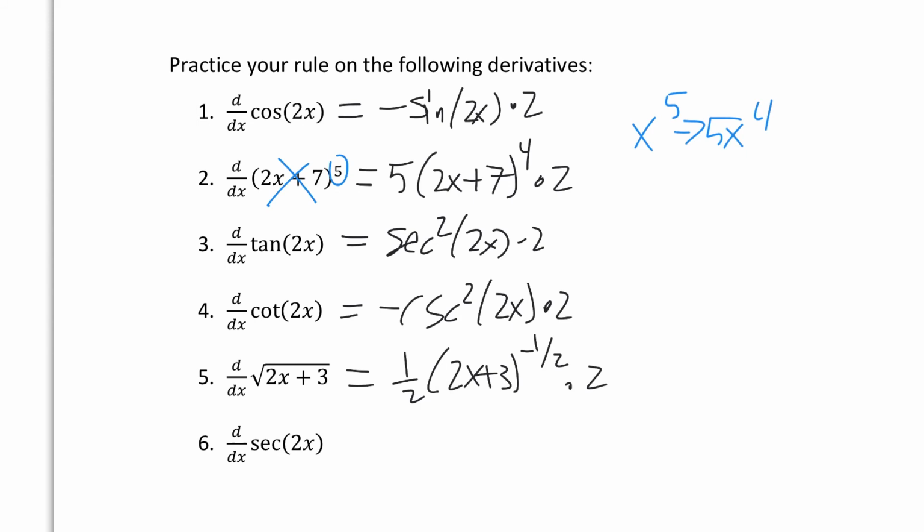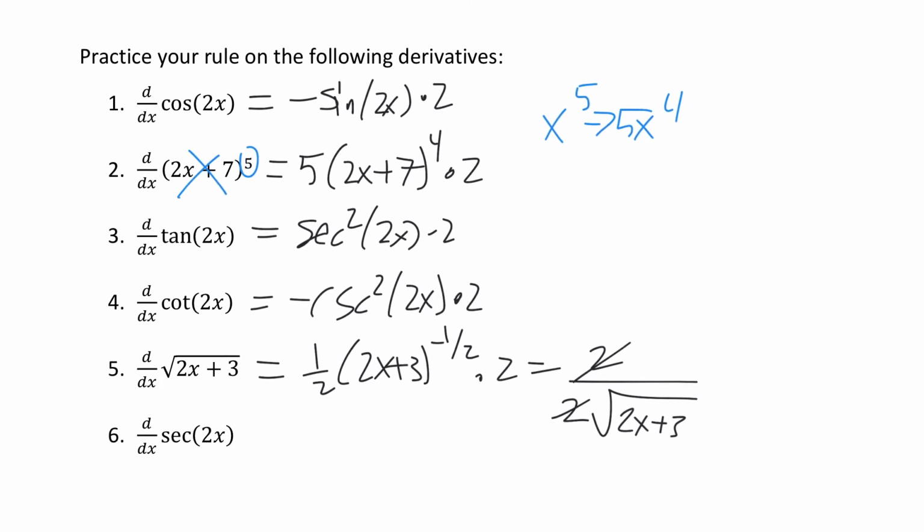Now, if you notice here, we could simplify as, well, there's a 2 on the top, a 2 on the bottom, and this could be written as root 2x plus 3. You could actually cancel these 2's, and you'd be left with 1 over root 2x plus 3.